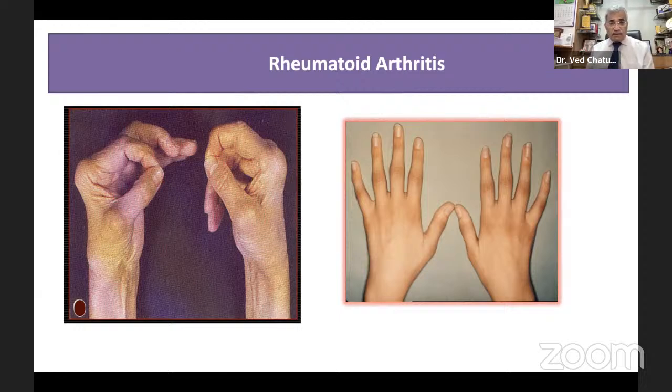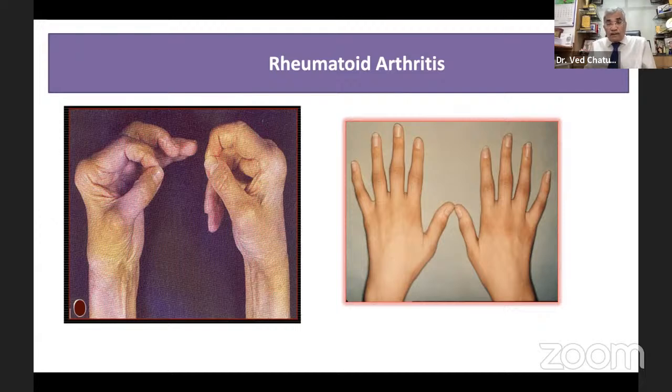So symptoms of polyarthritis, hand joint arthritis, inflammatory arthritis, and chronic arthritis, plus if rheumatoid factor is positive, then you are very comfortable in making the diagnosis of rheumatoid arthritis. But rheumatoid factor is positive only in, say, 70 to 80% of patients. Anti-CCP is also positive in about 80 to 90% of patients, and anti-CCP is more specific.